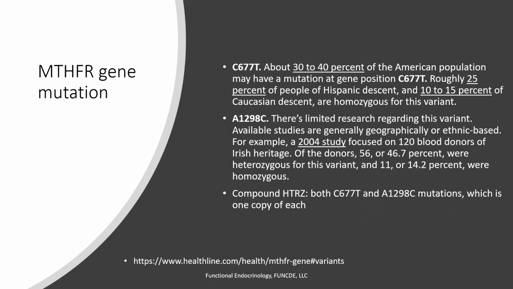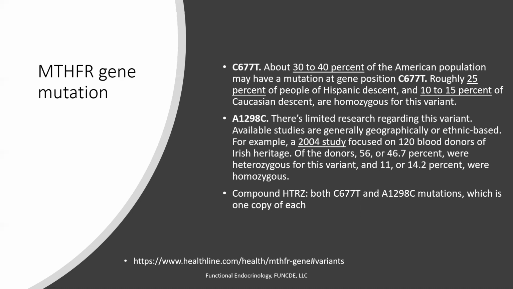There is a fair amount of Americans who have a genetic mutation in one or the other or in combination. And you can see here that 10 to 15% of Caucasian population will have homozygous, and 25% of Hispanic descent, and 30 to 40% will have just heterozygous mutation in American population.